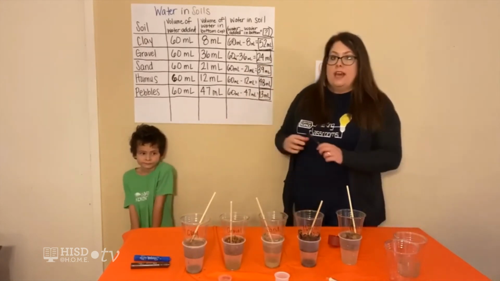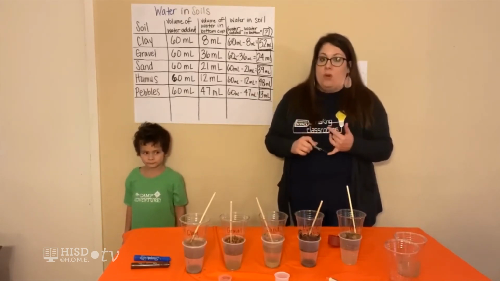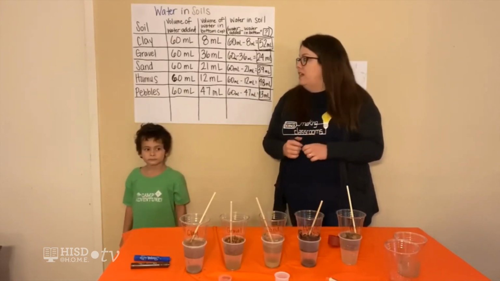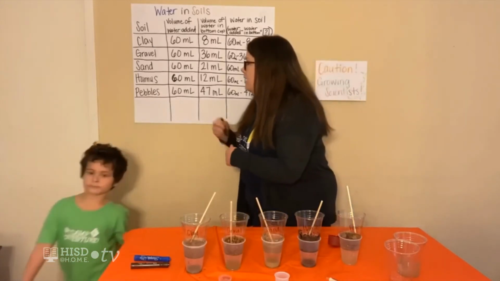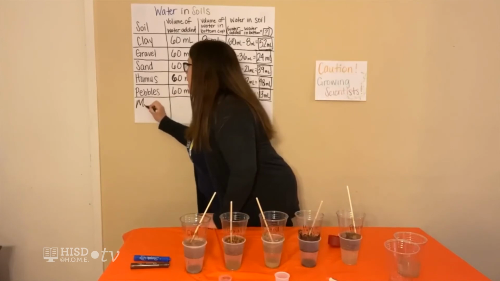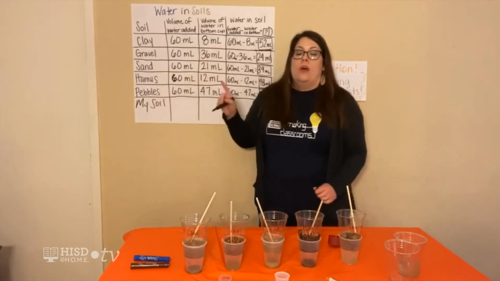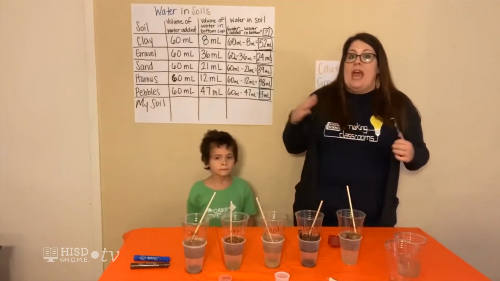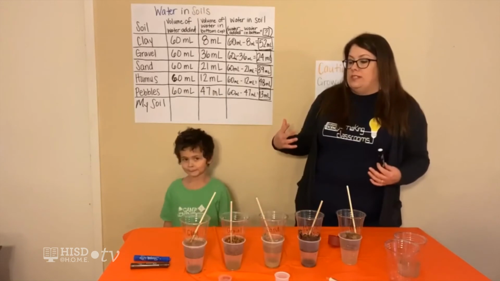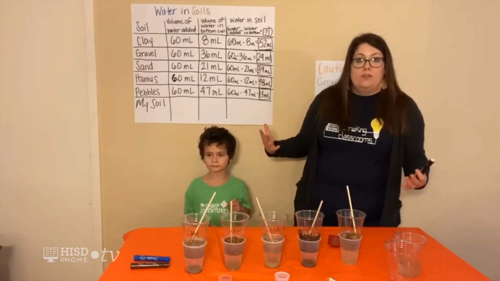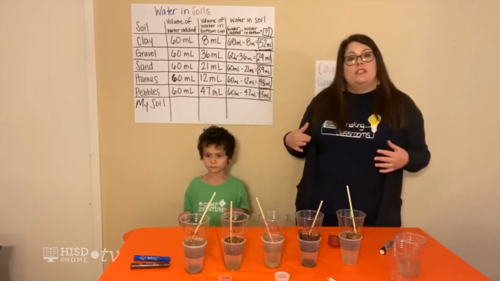Before we move on to that next part, there's something that you should try at home, either now or at the end of this video. I left one space down here. So Maxwell, can I write right here? I'm putting my soil. And for my soil, what I want you to do after this lesson is over, or now before we transition to the next part, if you're watching this somewhere where you can pause, if you're watching it on TV, wait till this is over.